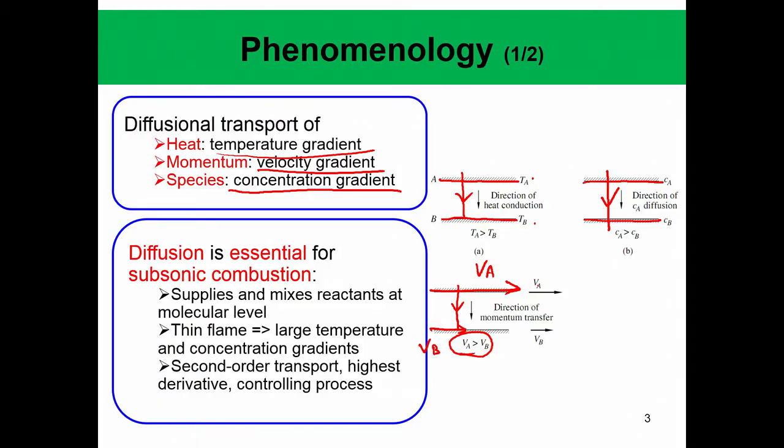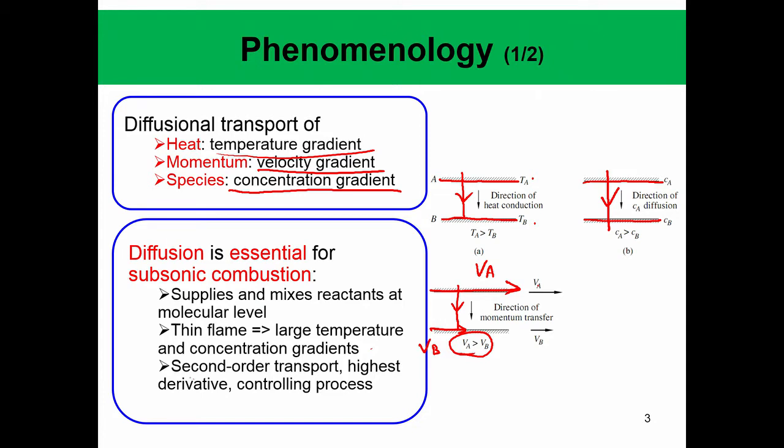And if they are concentrated in a thin region in space, it automatically means that the gradients of temperature or species are very high. When there is a sharp change in concentration or temperature, diffusion becomes very important.